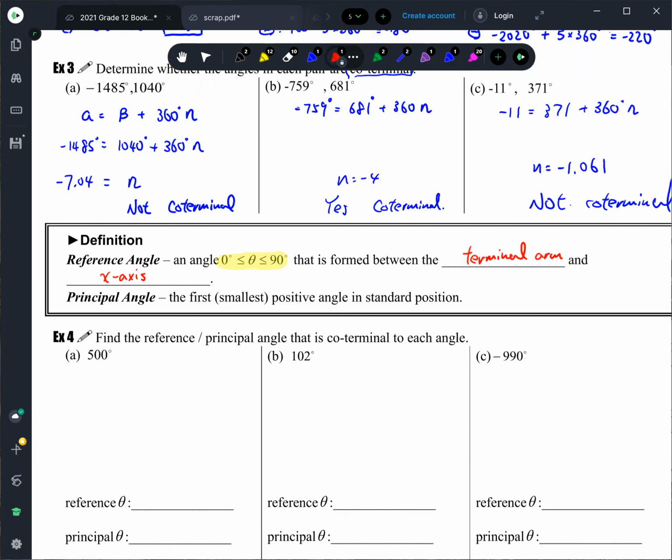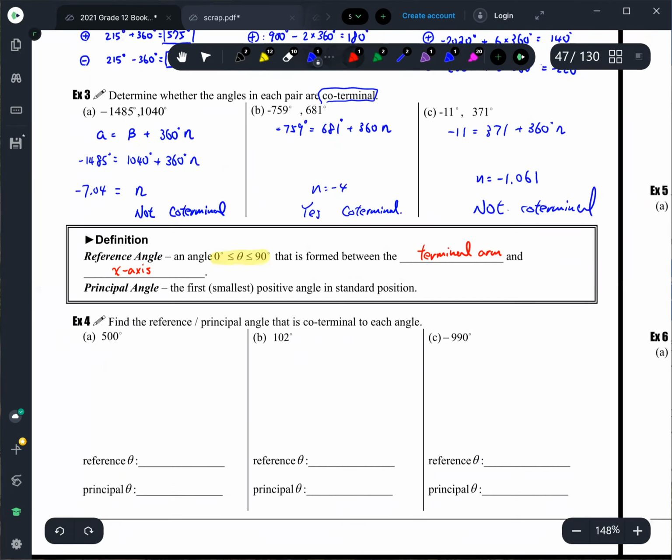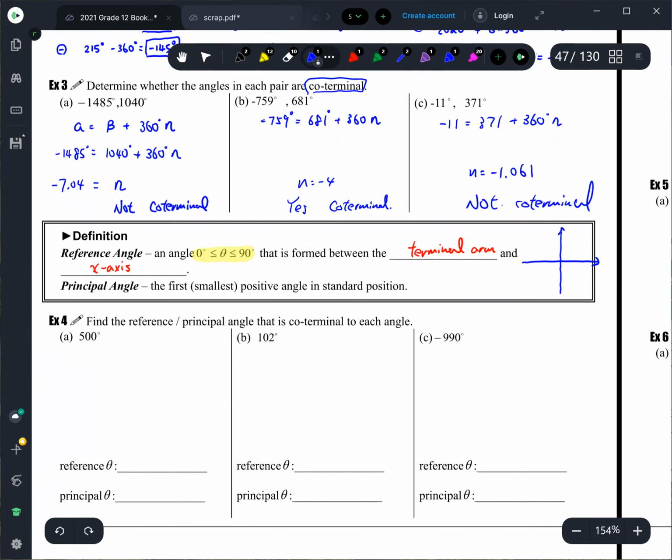So what that means is, for example, if I draw an angle in standard position, this is the x and y axis. If the terminal arm is in the first quadrant, and the x-axis is this green line, then the reference angle is the one over here, the little dot.